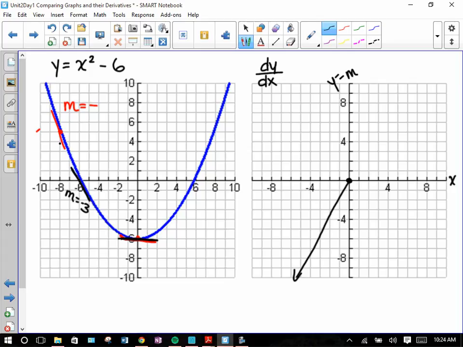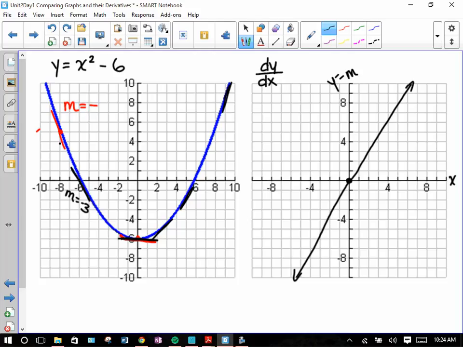Over here, if you make a bunch of tangent lines, these tangent lines are all going to have what type of slopes? Positive slopes. And the further and further we get up, the steeper and steeper it's going to get. So the slope is increasing. It's getting higher and higher, but it's increasing at the same rate. So you get a linear line.